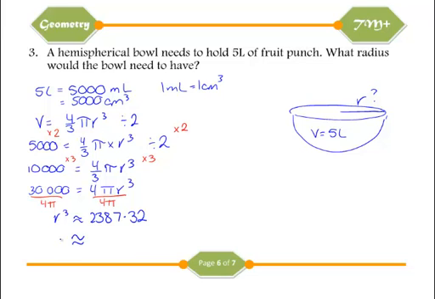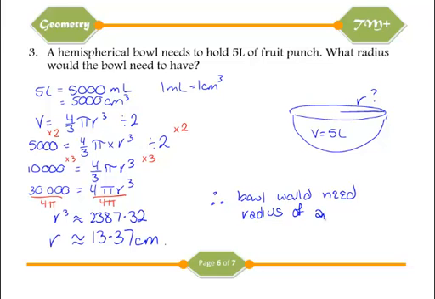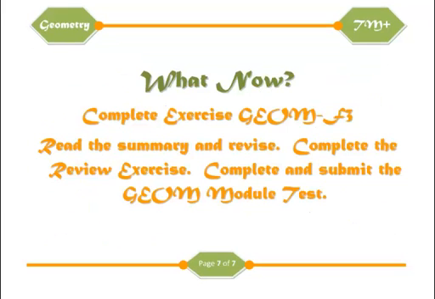And I get that r is approximately 13.37 centimetres. Okay, so it's a worded question, so therefore the bowl would need a radius of approximately 13.37 centimetres. Okay, you could go to 14 centimetres, which is still going to hold all that punch.